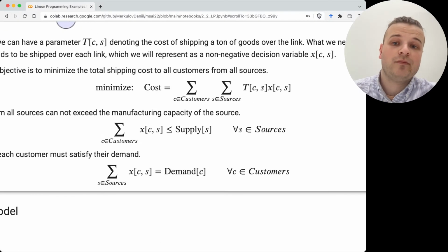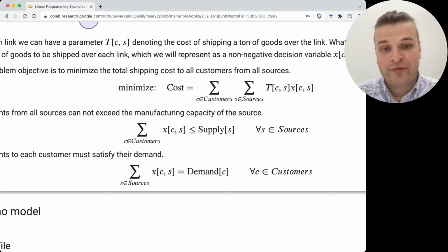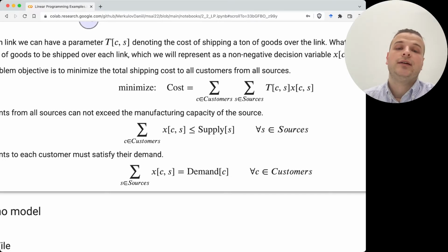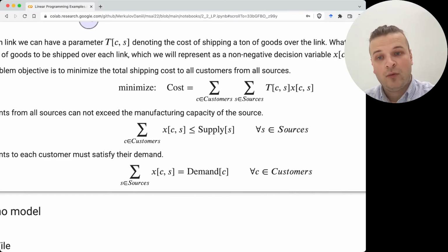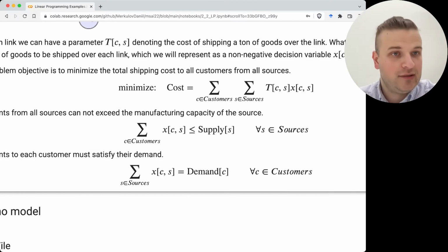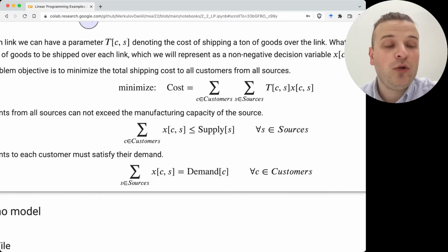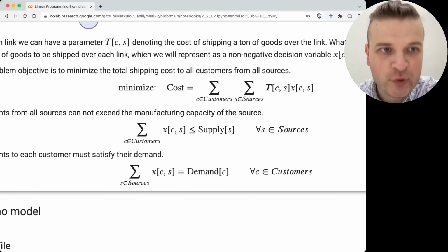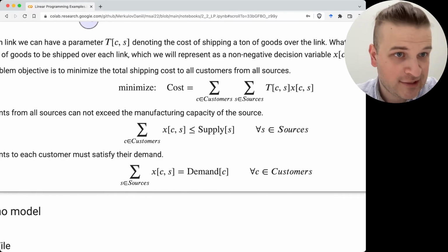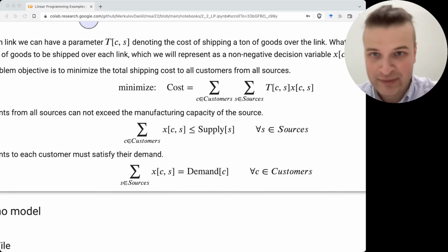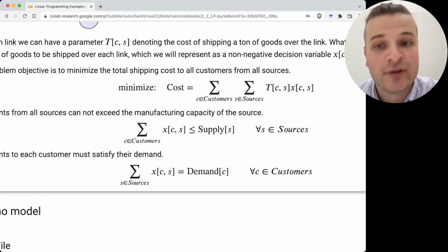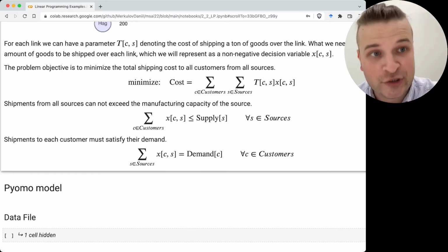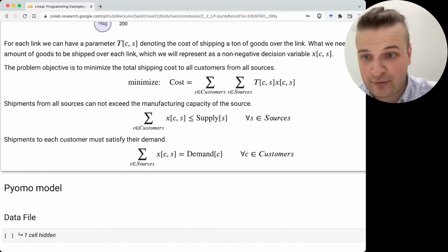And the same constraint on the customer: for each customer, we have to meet its demand, and that's also a linear constraint. So we have a linear objective and linear constraints. That's linear programming, and that can be solved using all these linear programming packages and software. That's pretty cool for us.